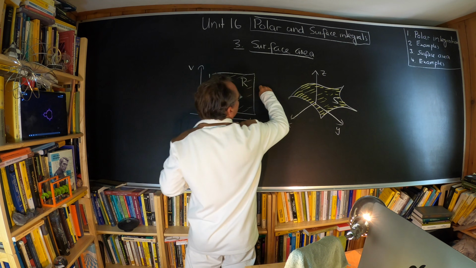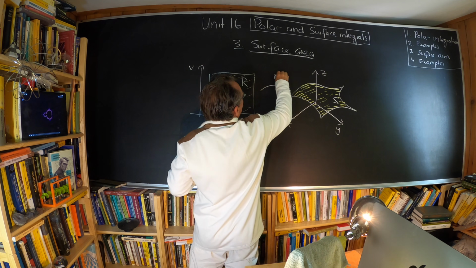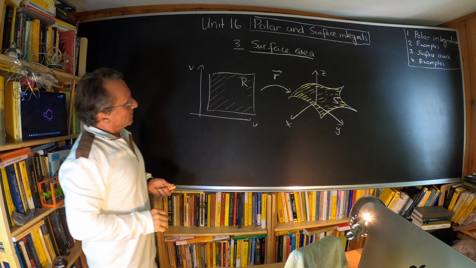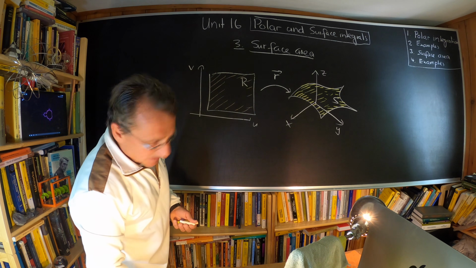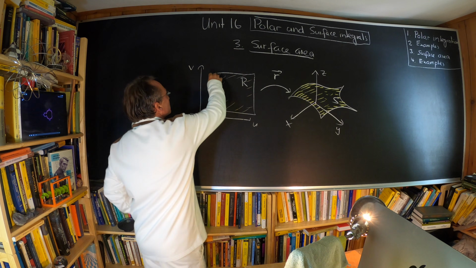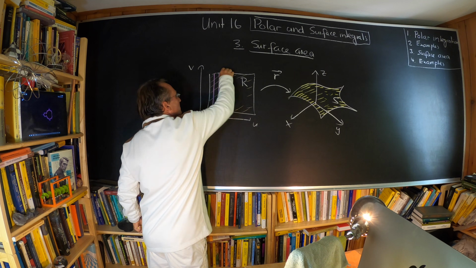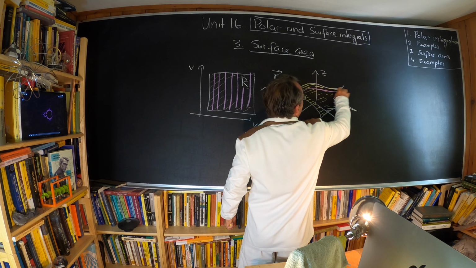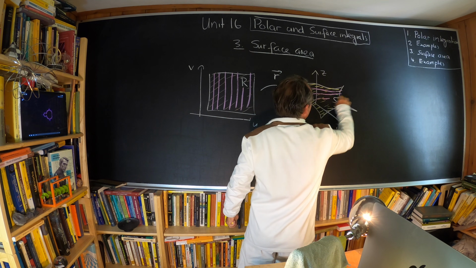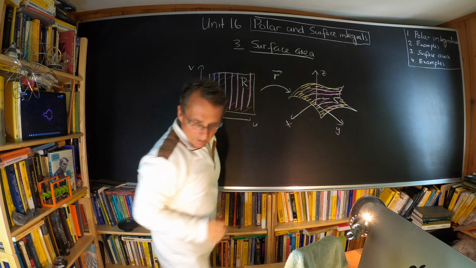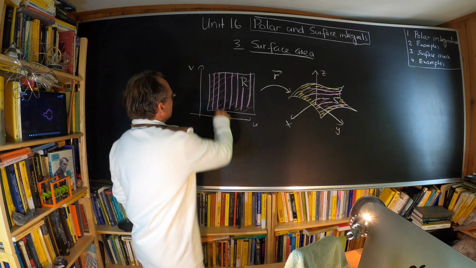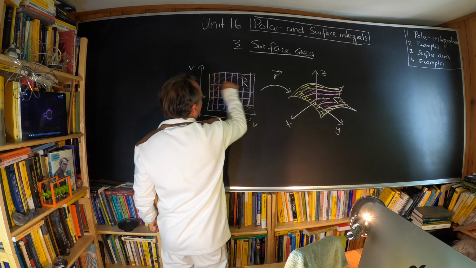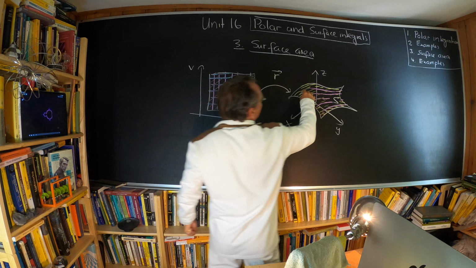That's given by a map R. Now we have also seen that there are grid curves here. These grid curves go here, and there are other grid curves here. Maybe these grid curves go here.